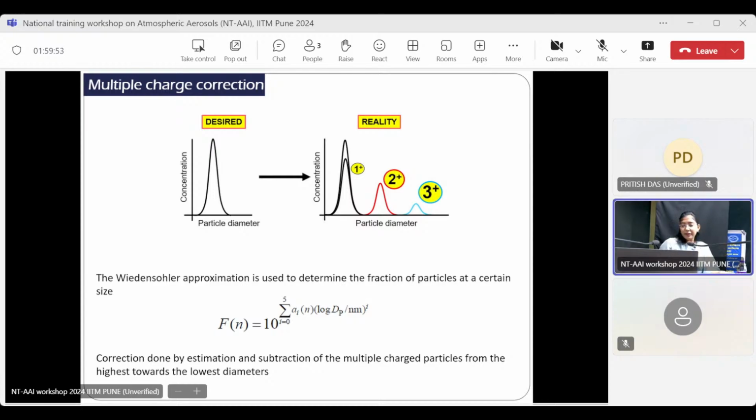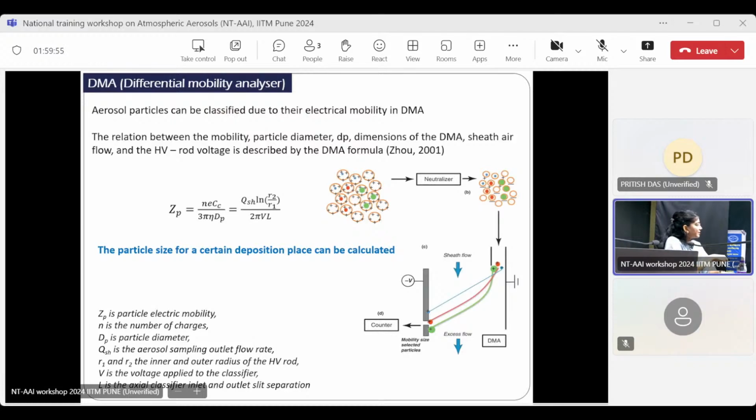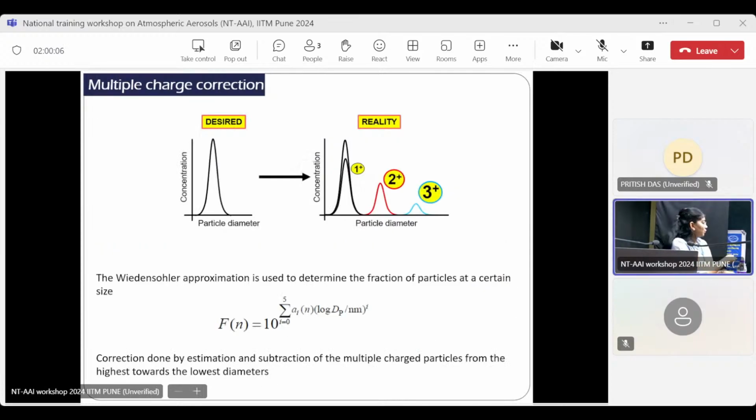So when we say that one particle is coming here, it is not basically one particle. For example, 3 particles are coming, having 3 different charges and 3 different sizes. But we want to know this thing. So that can be done.